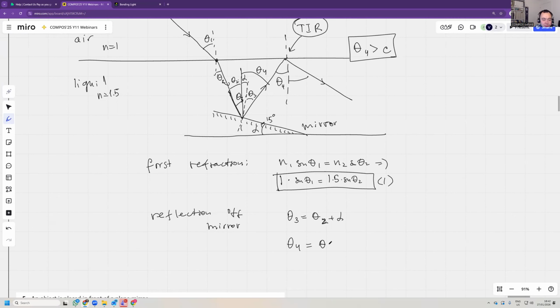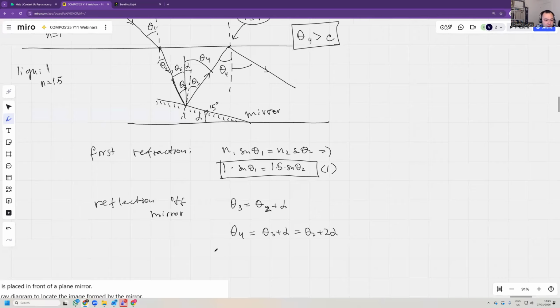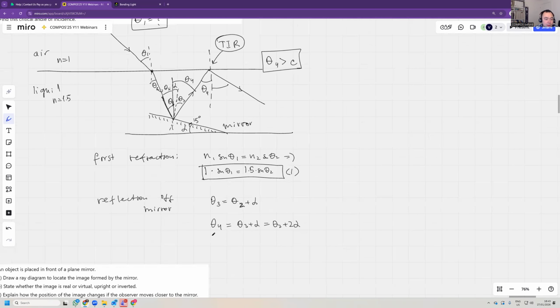Theta 4 must equal theta 3 plus alpha, which is theta 2 plus 2 alpha. And now theta 4 must be greater than the critical angle for total internal reflection.